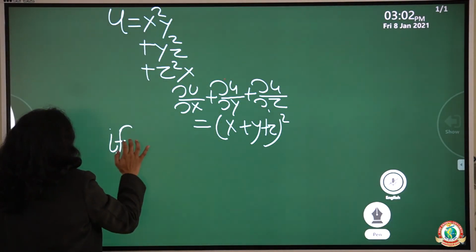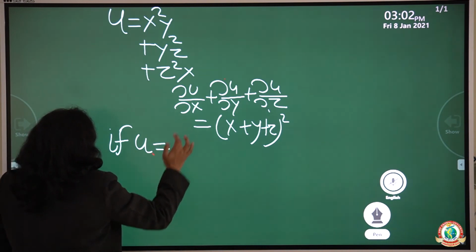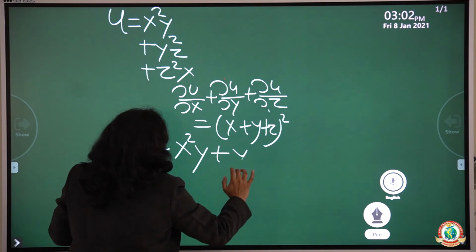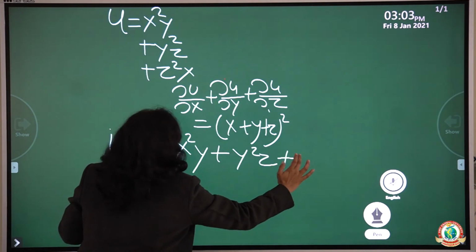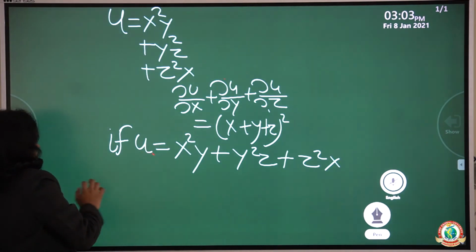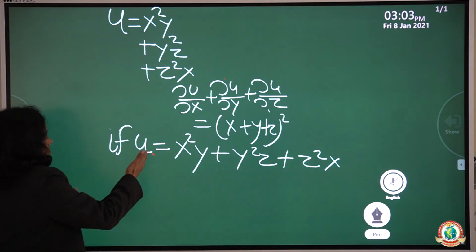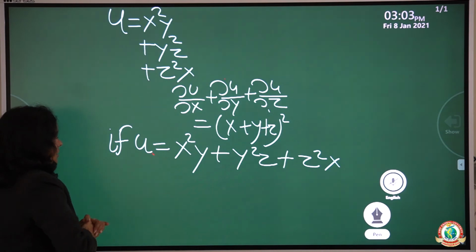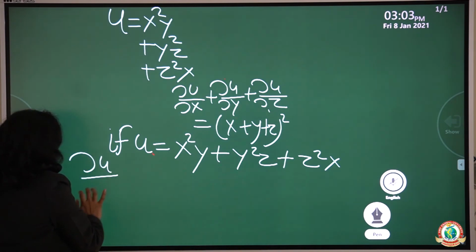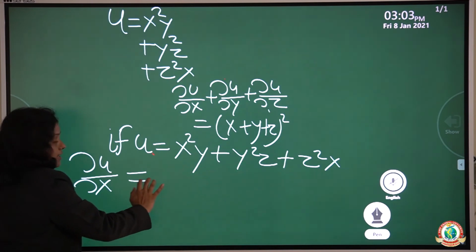Now, the given equation is u is equal to x square y plus y square z plus z square x. Let's see. First, this is the function and we differentiate this function with respect to x, del u by del x.